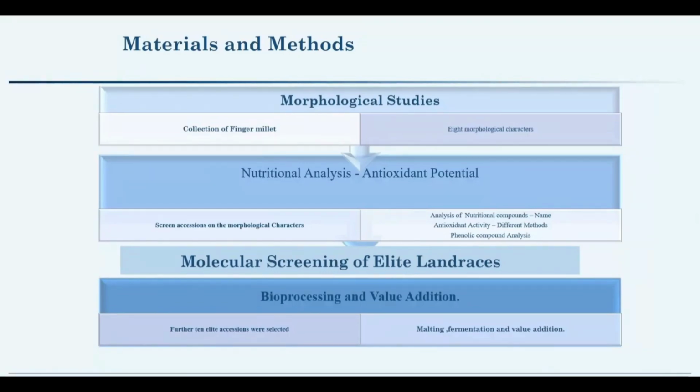So the most important thing is the understanding of the plant material or a particular crop. Without understanding the crop or the plant material, it's very difficult to carry out the research or any experiment on that particular plant species. So understanding is most important, and understanding is possible only with the help of morphological studies.